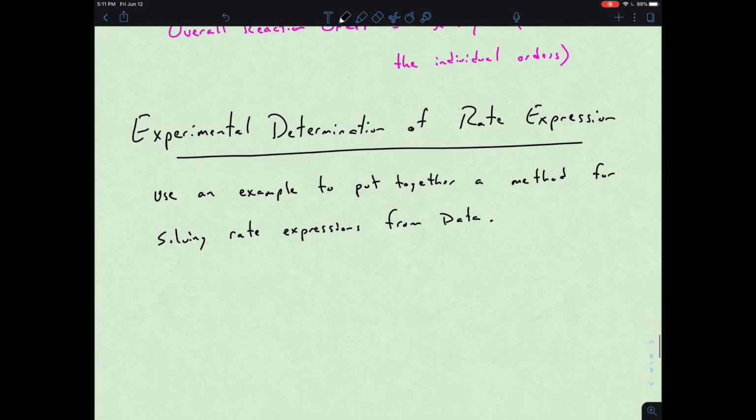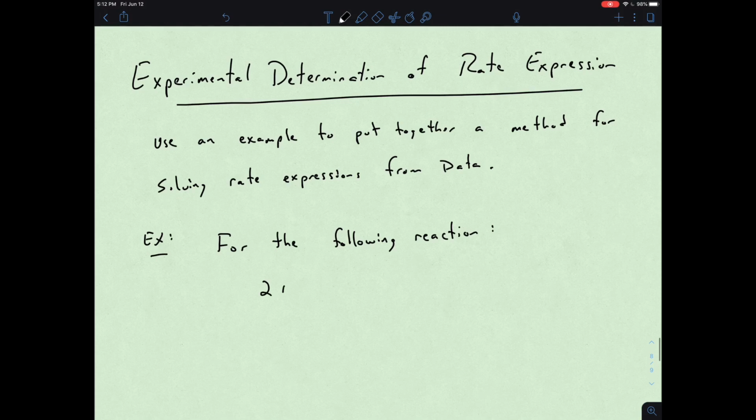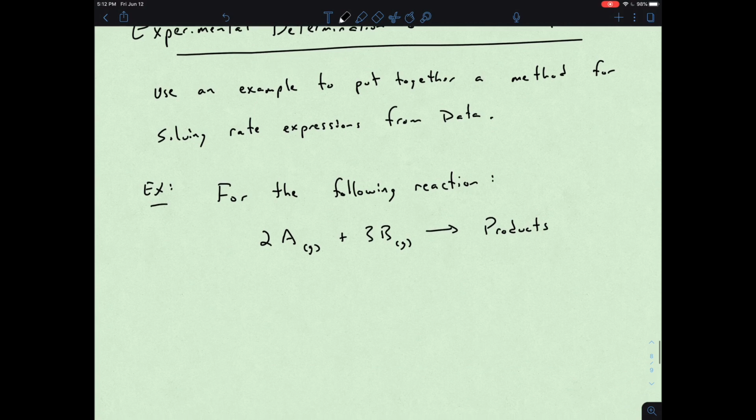Our example would be for the following reaction, and our reaction would be looking at 2A plus 3B goes on to produce some products.